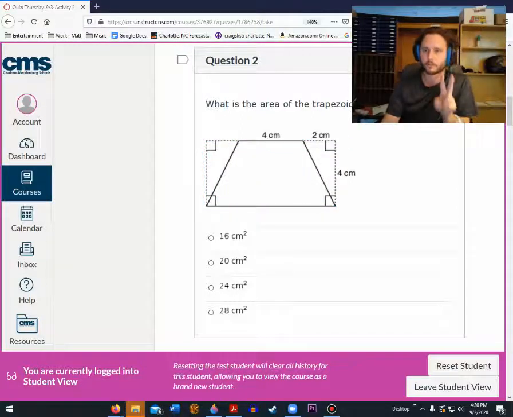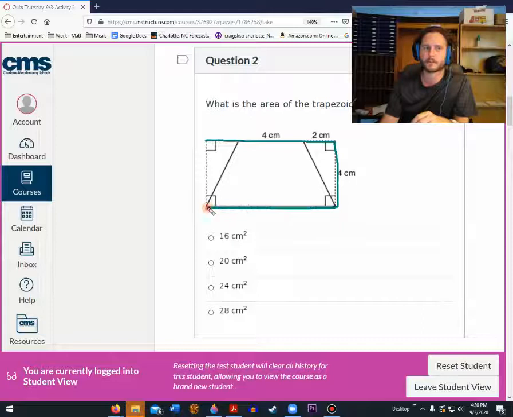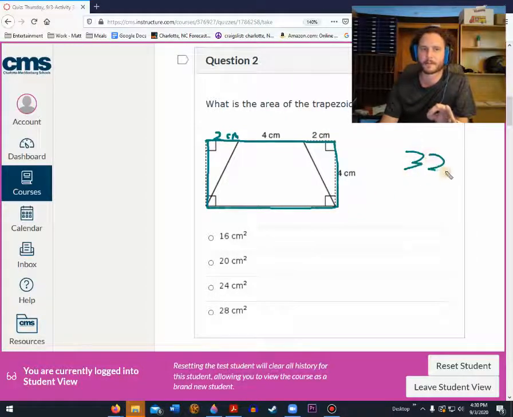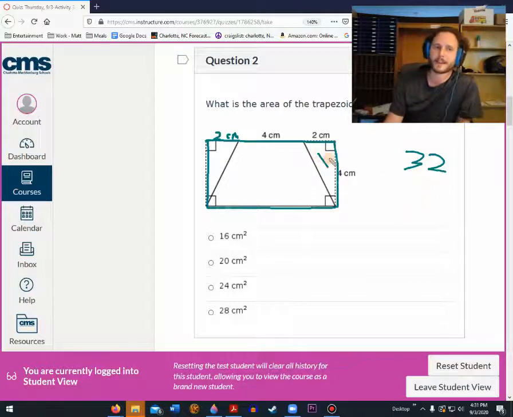I'm going to show you just 2 of them. One option, the area of the entire shape, and then taking out the 2 triangles. The area of the whole shape, you have 2 triangles on the end that have bases of 2 centimeters. The base of the rectangle is going to be 8. The height is 4. 8 times 4 gives you an area of 32, but that's not going to be our correct answer at all. You still have to find and take out the area of these 2 triangles.